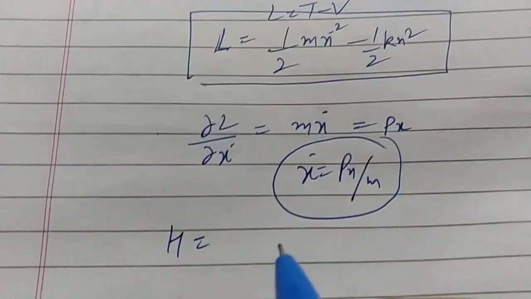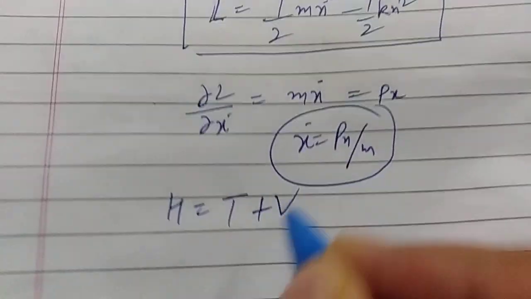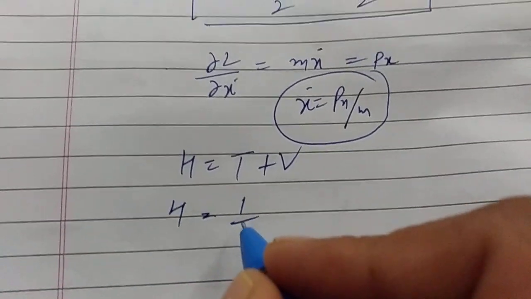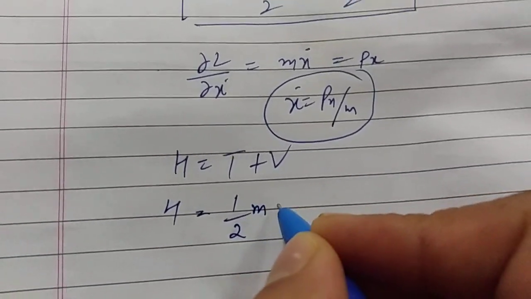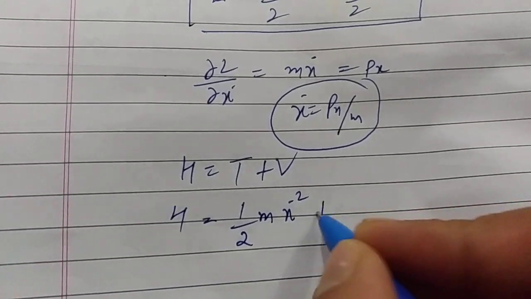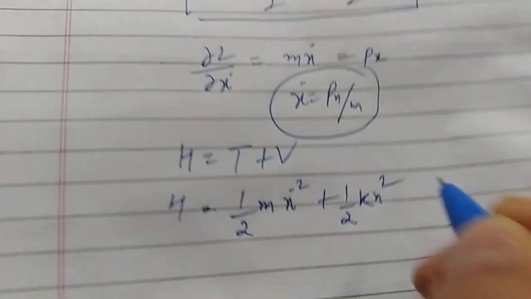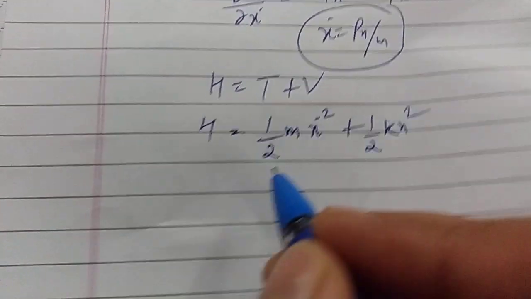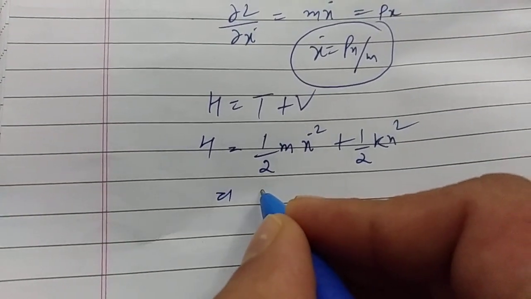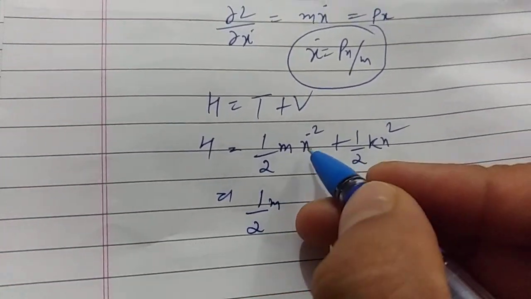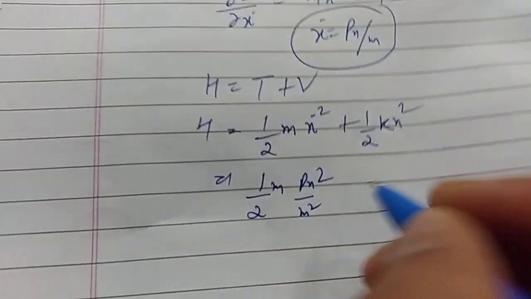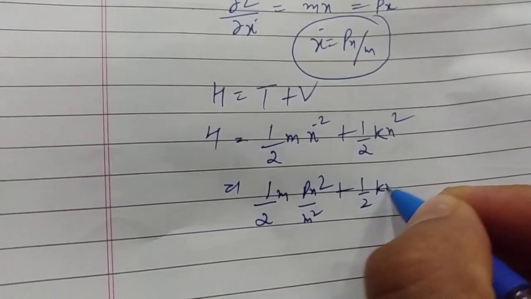Now we'll write the Hamiltonian, as we know that H is equal to T plus V. The expression for this oscillator is half m x dot square plus the potential energy term, half k x square. We know that x dot is px upon m, so it can be written as half m times px square upon m square plus half k x square.